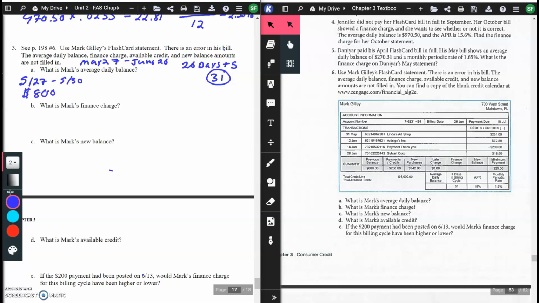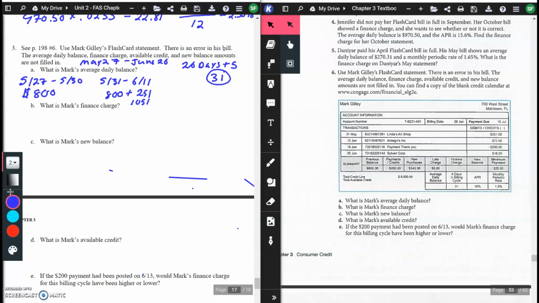That was his previous balance, that's before any charge was made. Okay. From 5/31 through, I'm sorry, 6/11, okay, we had $800 previous balance plus he made a charge to Linda's Art Shop for $251, so that's $1051.